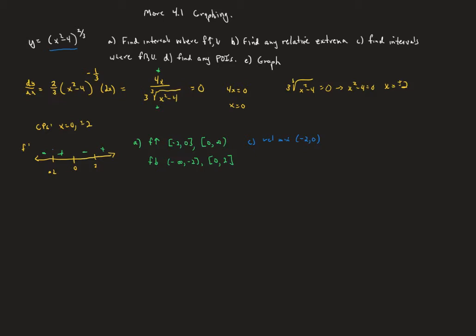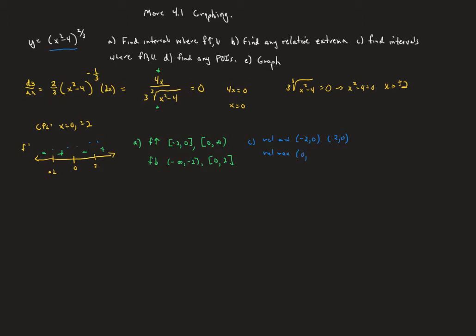We also have a relative minimum at x equals positive 2, because we can again see the derivative goes from negative to positive, and that's also 0. So we have relative minima at negative 2, 0 and 2, 0. Our derivative goes from positive to negative at 0, which makes that a relative maximum.